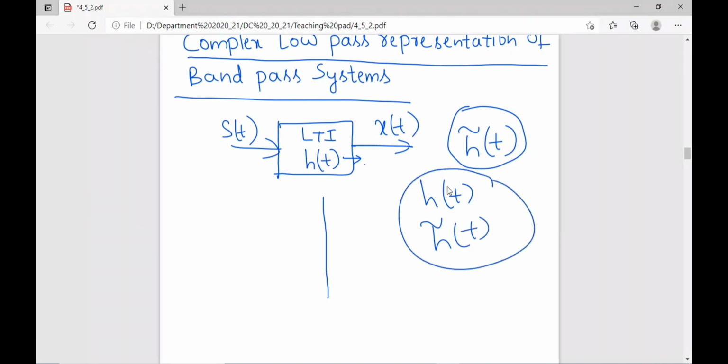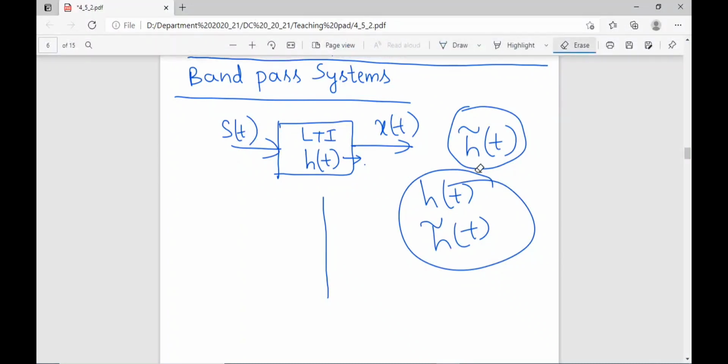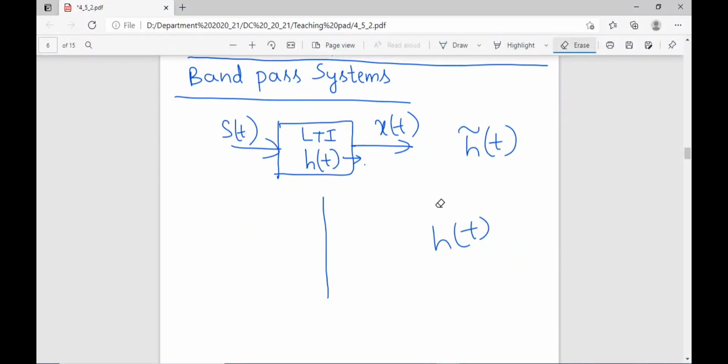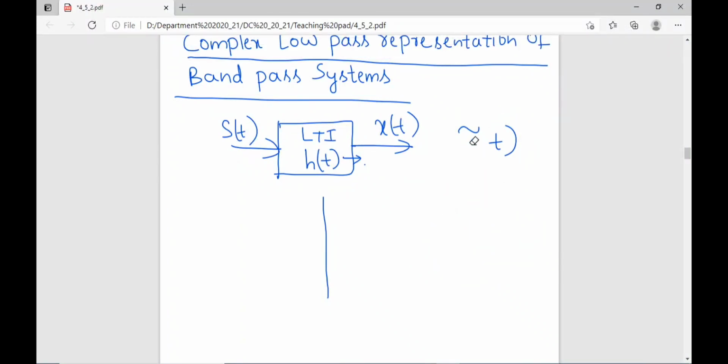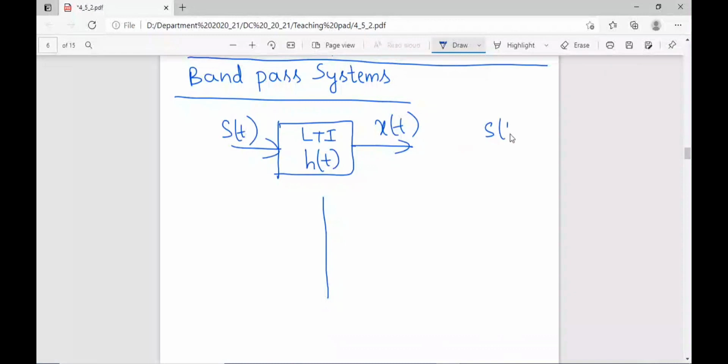That is what this topic is completely related to. Are you all understanding? Understand the headings so that the rest you'll understand easily. The signal s of t is a band pass signal, and for that we have got s tilde of t, right? In the same way, here I have the system.